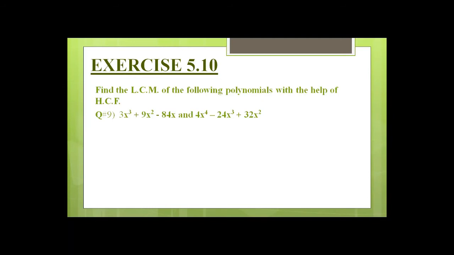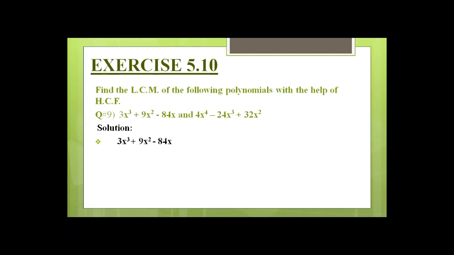So the first step, you will factorize both the polynomials one by one by using any of the methods you have already learned in the previous exercises. So the expression number 1 is 3x cube plus 9x square minus 84x. Which method you are going to apply to factorize this expression?